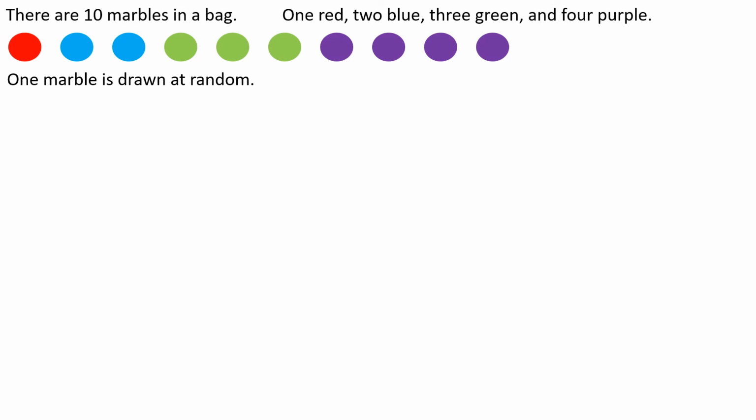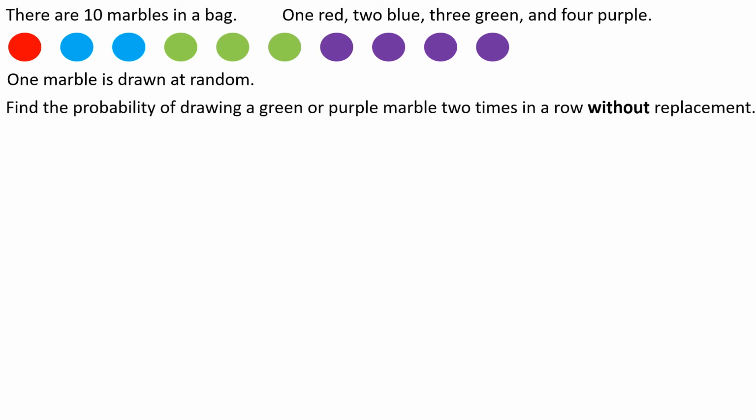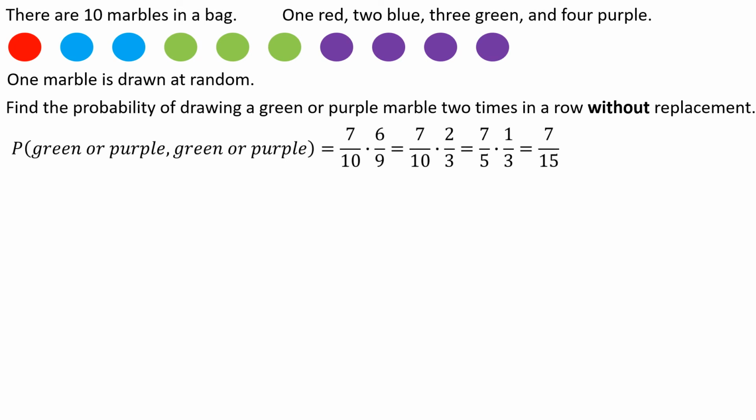Okay, so let's hang out with our marbles again. What if I want the probability of drawing a green or purple marble 2 times in a row without replacement? Right? So we draw one and we keep it. We don't put it back in the bag. Well, the first time I reach in for green or purple, it's 7 out of 10.